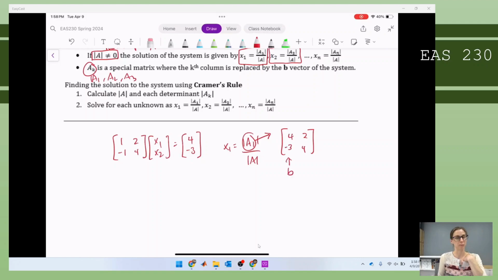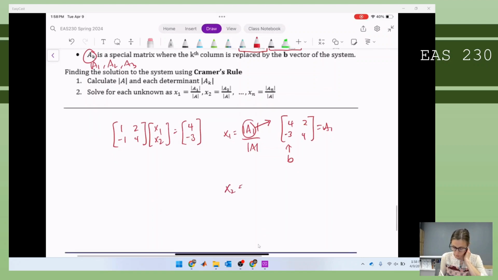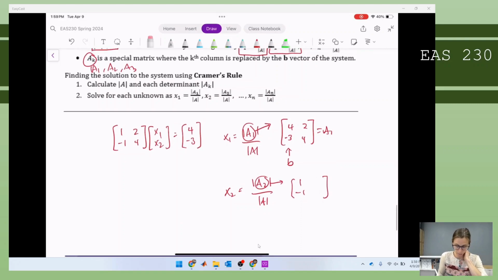So this is B. Then I would go ahead and find the determinant of this matrix and divide that by the determinant of A. If I want to find x2, I would take the determinant of A2 over the determinant of A, where A2 is going to be my A matrix, where the second column is replaced by B.